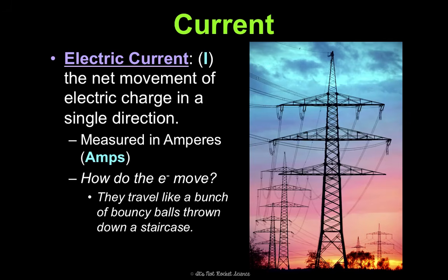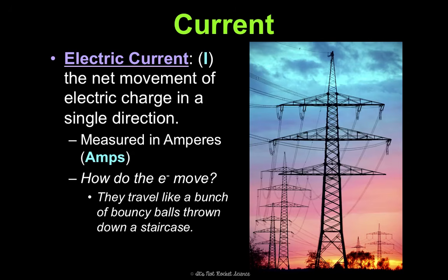Okay, so that means, just to give you context for that number, that's 6,240 million billion electrons flowing past a given point every second. That would be writing down 6,240 and then adding 15 zeros to the end. That's how many electrons we're talking about in just 1 ampere. So kind of crazy, and I think that's so interesting.